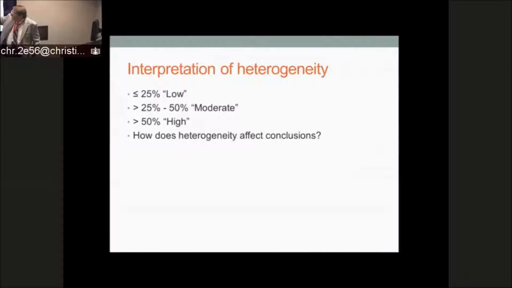Another common one is to split the last one into 50 to 75%, and 75% and above. That's totally arbitrary, somebody's idea of what to consider, but whosever idea that was, it's always cited in the study. And so the question is how does heterogeneity affect the conclusions you make in the analysis? Keep that question in mind.